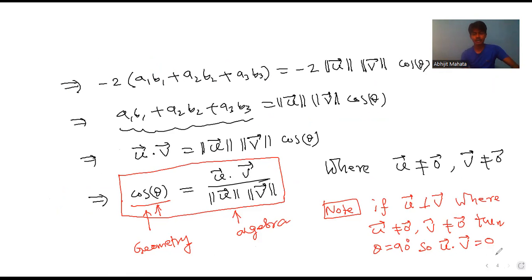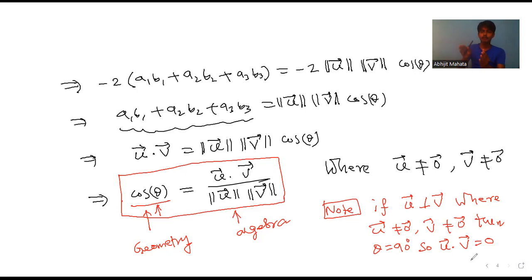But in an arbitrary vector space we have no idea how to draw a triangle, it is not possible. So in that situation we need to identify the angle algebraically. The algebraic meaning of angle is nothing but what is determined by the dot product, and the dot product we can easily define for an arbitrary vector space.